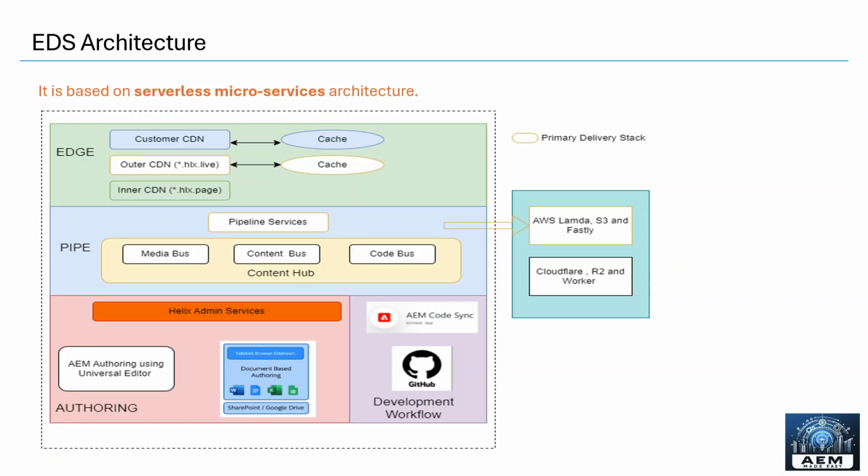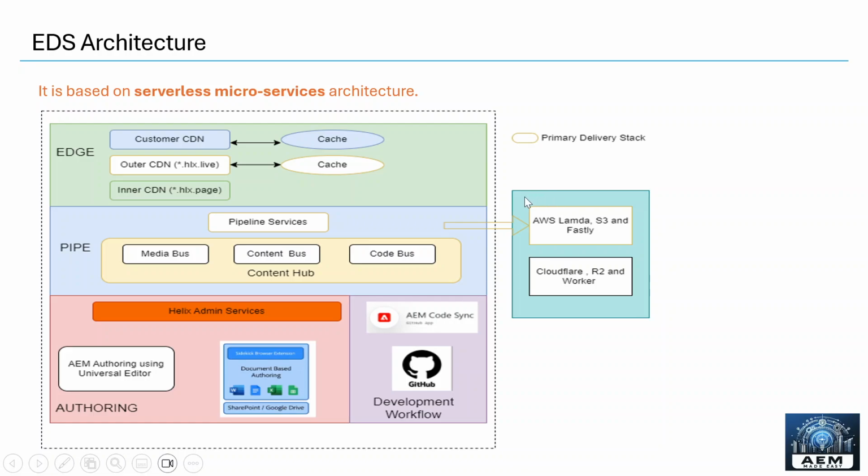That starts a local server in your system, listening on port 3000, and internally it proxies the preview CDN, or the inner CDN. So whatever you normally see through the preview URL is proxied here.